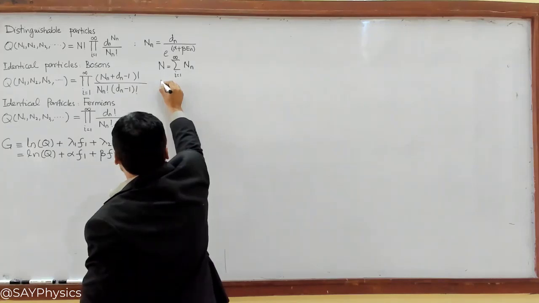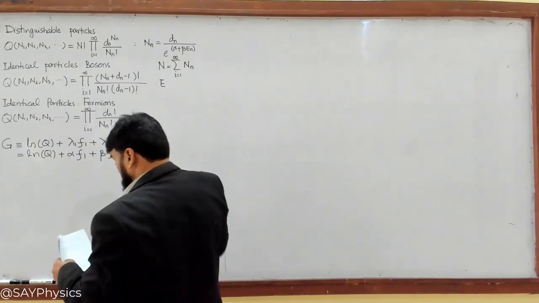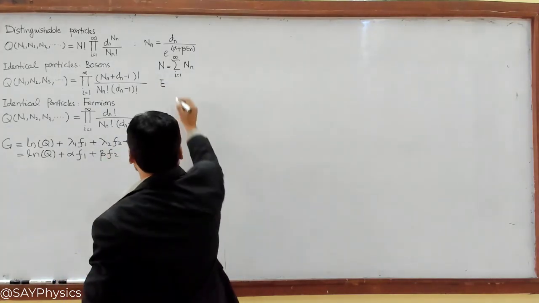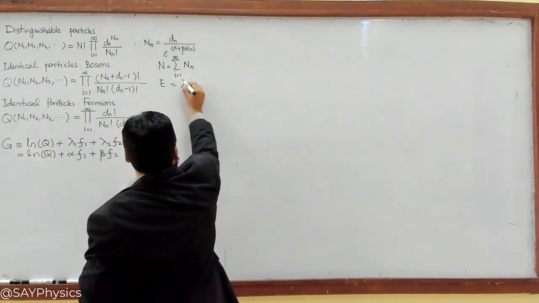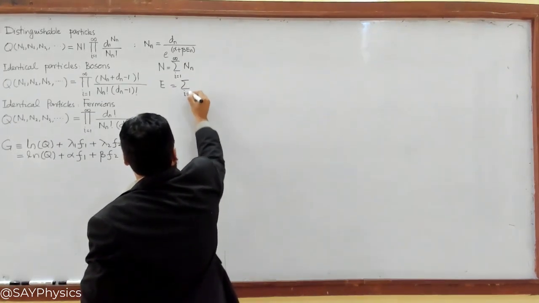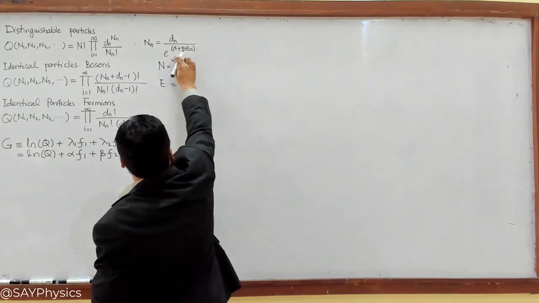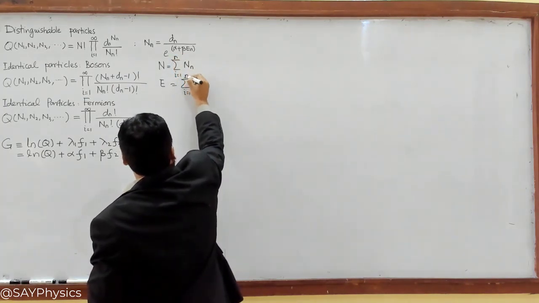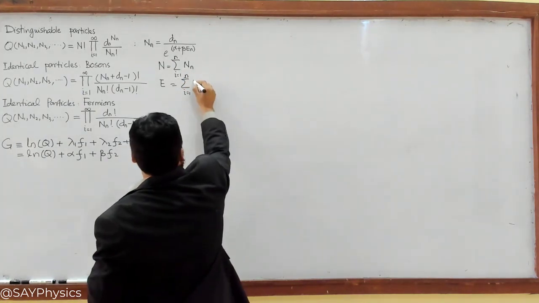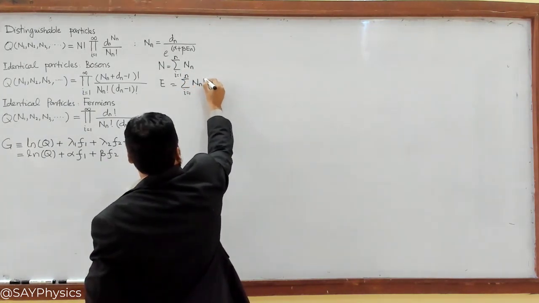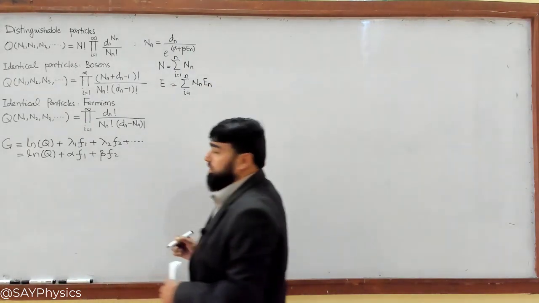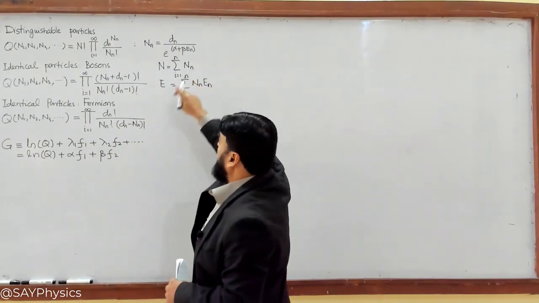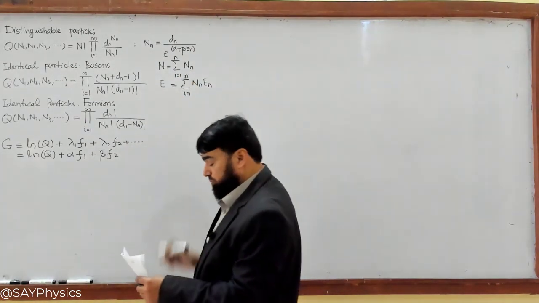Similarly, the total energy is equal to summation on i running from 1 up to, let me write here n in order to be consistent with this notation, and this is n_n times E_n. So these are the two constraints. This is F1 and this is F2.